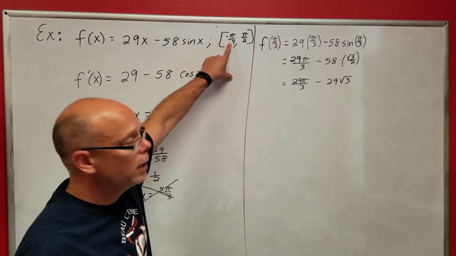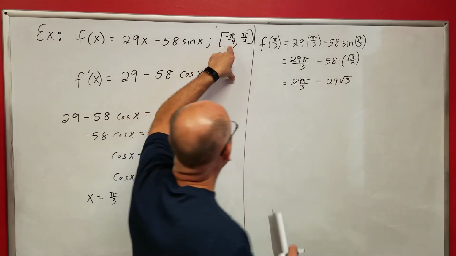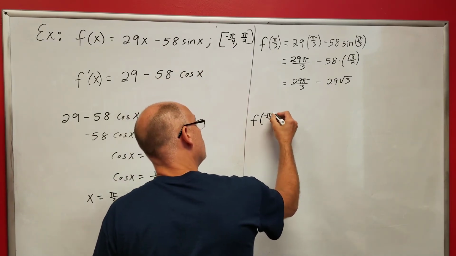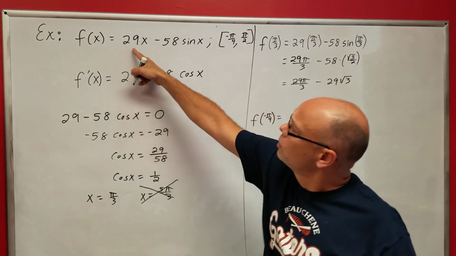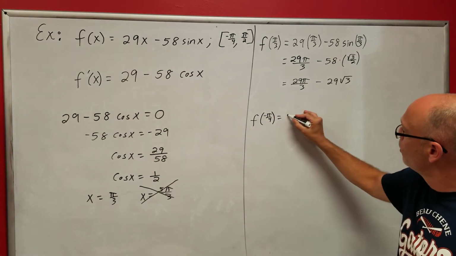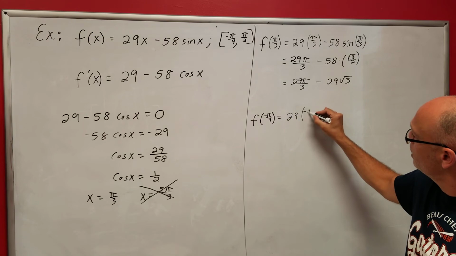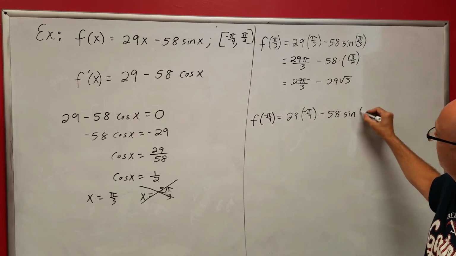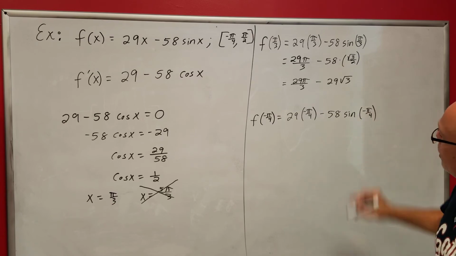Let's evaluate f at this endpoint, negative pi over 4. So f evaluated at negative pi over 4 will be equal to 29 times negative pi over 4, minus 58 sine of negative pi over 4.